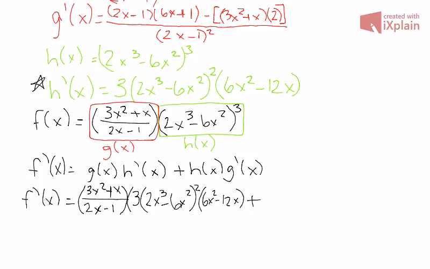Now we're adding our h of x, our original function, which is just 2x cubed minus 6x squared, all cubed.